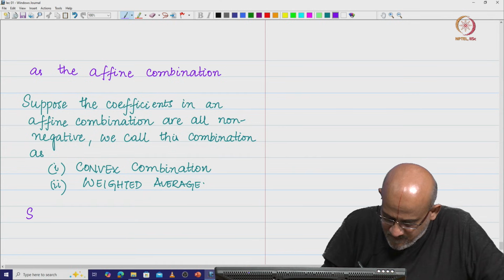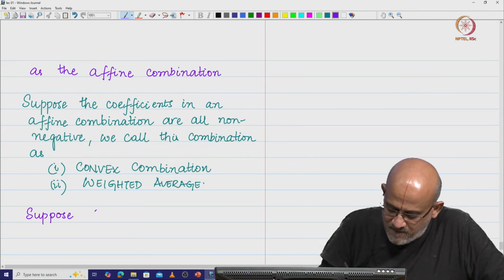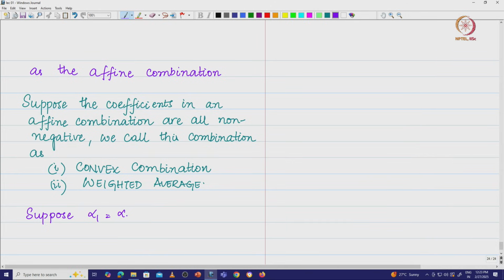Suppose we have alpha 1 is equal to alpha 2 is equal to, let us say, alpha i minus 1 is equal to 0 and alpha i is equal to 1, and then alpha i plus 1 is equal to etcetera is equal to alpha k is equal to 0.